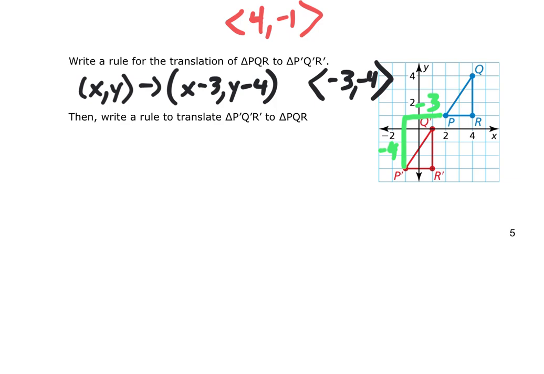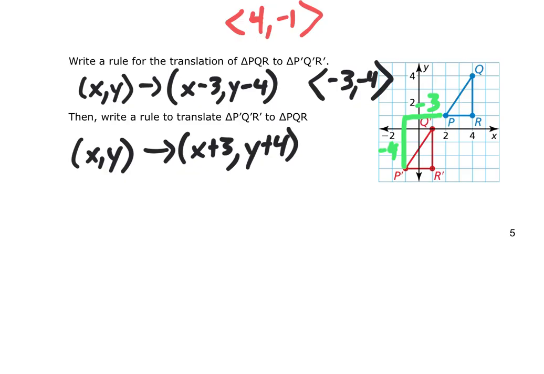So what happened with my numbers? The sign just changed, right? Instead of moving left 3, down 4, now we're moving right 3, up 4. Same numbers, just the opposite sign. So when I write a rule here, I would say x plus 3, y plus 4, or the vector would be 3, 4.